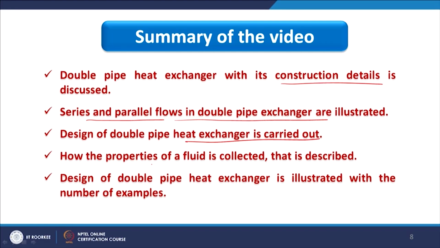Next, we have seen how the properties of the fluids are collected from given graphs and tables, and usually it is done at average temperature. And finally, design of double pipe heat exchanger is illustrated with number of examples, and here we have considered 3 different examples to illustrate this design.